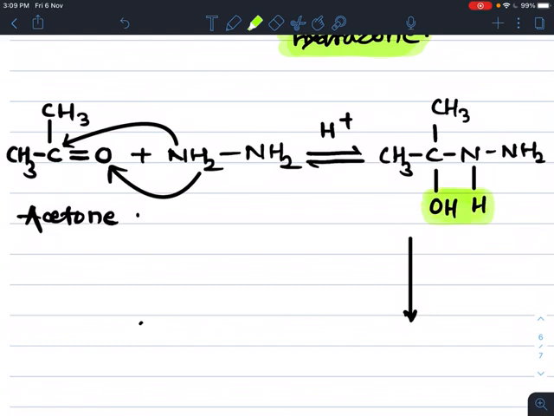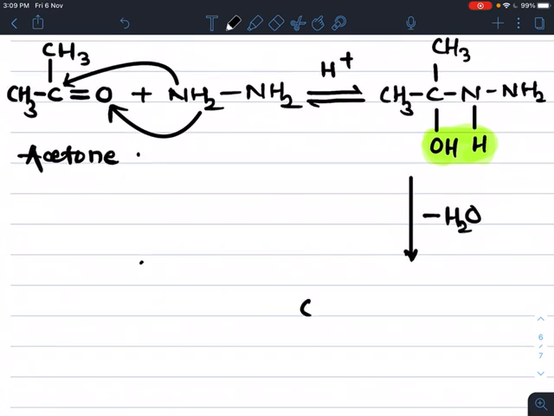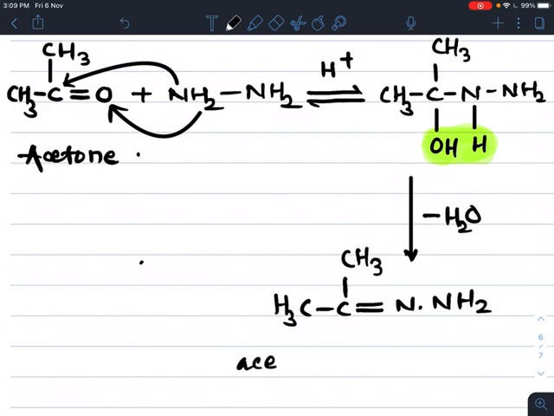Removal of H2O means dehydration takes place, and in the second step by the removal of water we get its corresponding final product. The product formed is CH3, CH3 doubly bonded with NH2. The name of this compound is acetone hydrazone.